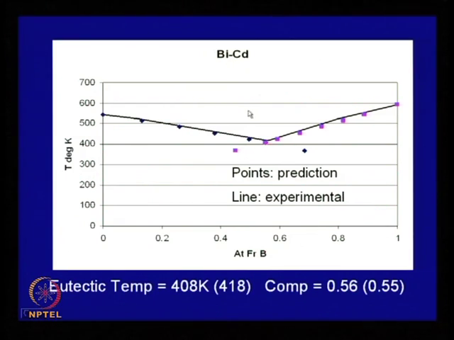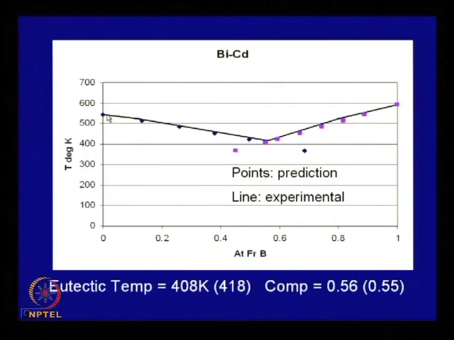That means, when solidification takes place, if you are on the bismuth end, you have primary bismuth precipitating out, and if you are on the cadmium end, then pure cadmium precipitates out when the solidification begins, and this forms a eutectic system.